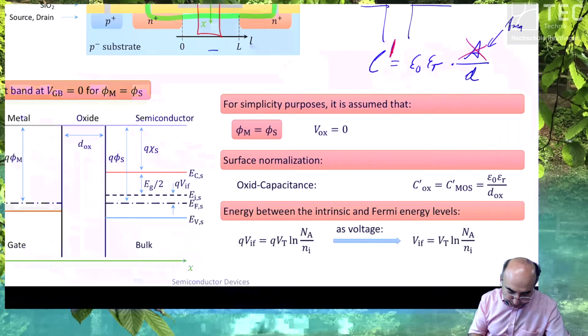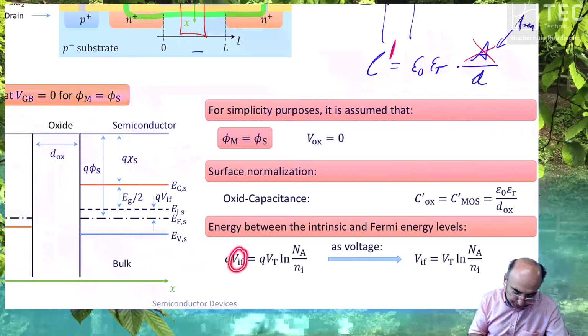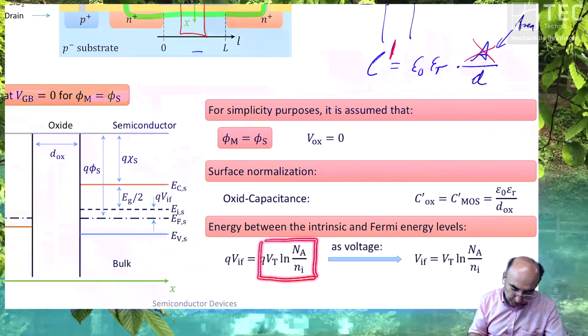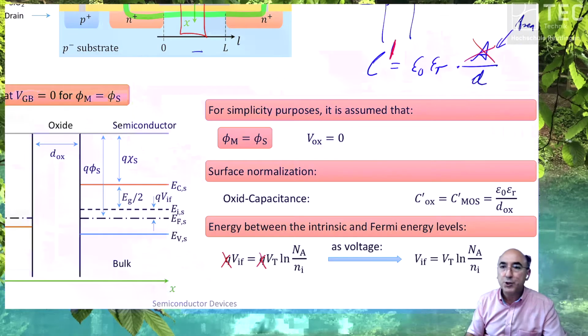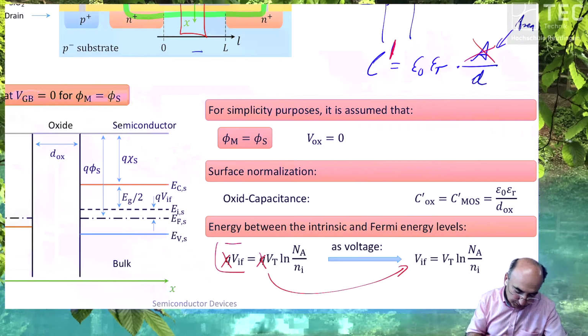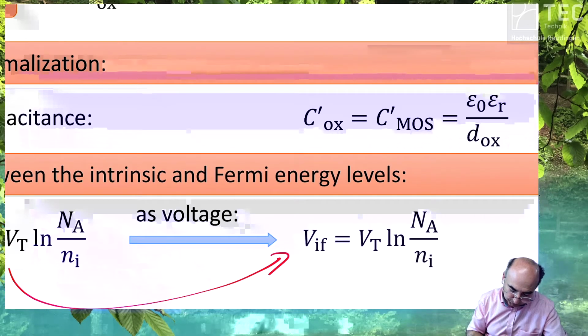And the VIF, you can take a look into your notes. You can calculate it and get it to this value. So the energy normalized by charge is the voltage.